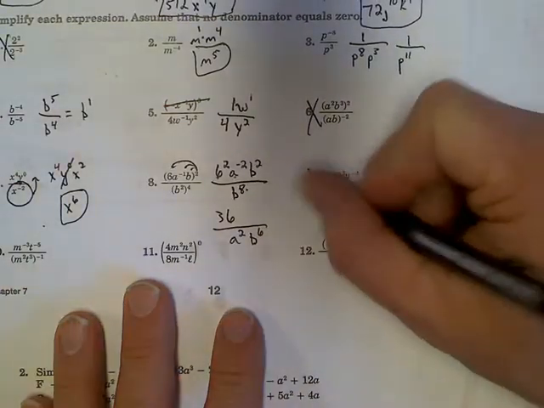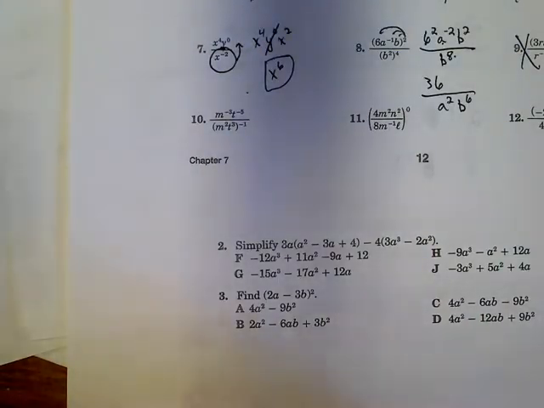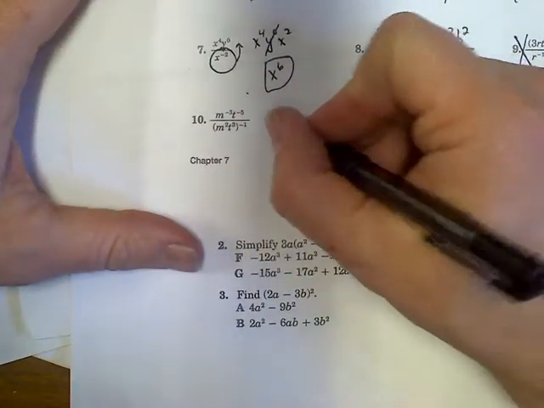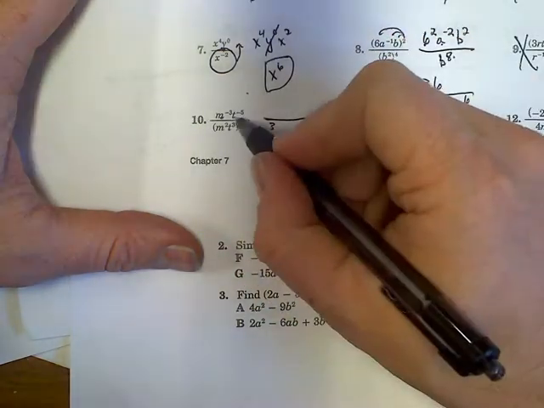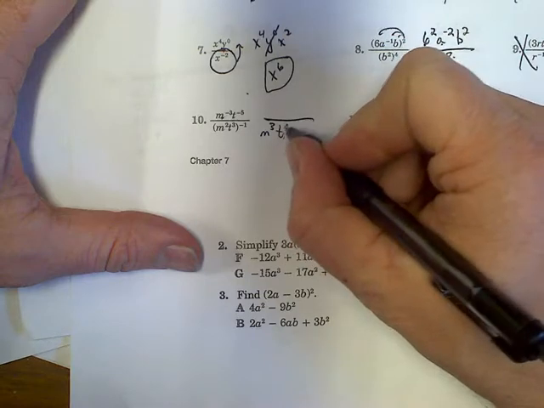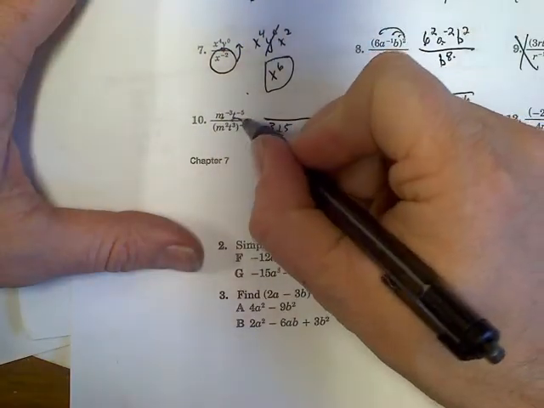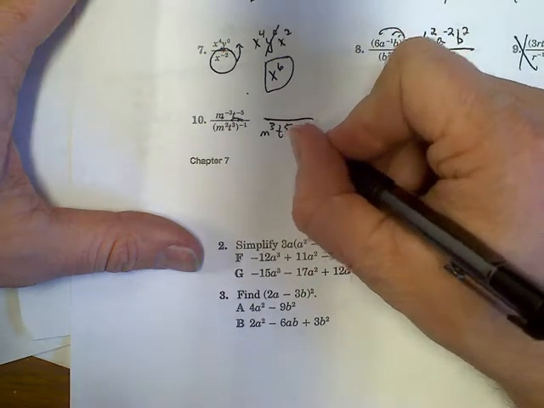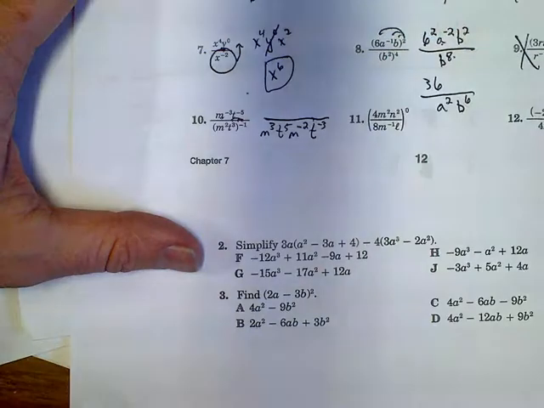Number 9 I did in class. Number 10. So I know that m to the negative 3 has to go on bottom. So does the t to the negative 5. If I distribute the negative 1, this would become m to the negative 2, t to the negative 3.